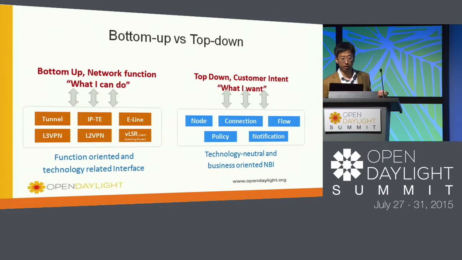So we have a new way to abstract the network, which is top-down. Today in the industry, this network abstraction is called intent. It's an intent model and an intent interface. So Nemo tries to use top-down abstraction to design an intent programming language for the network.